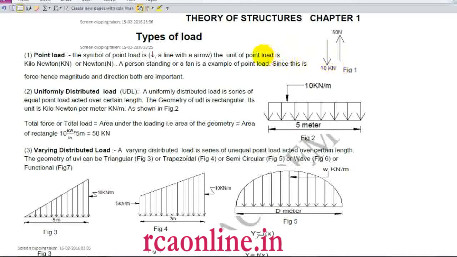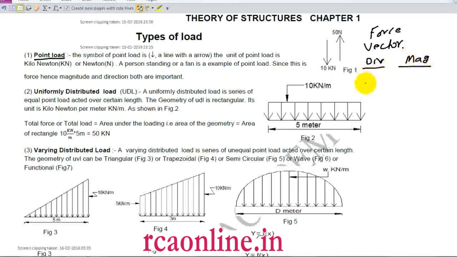The first and the most common type of the load is a point load. Before starting this, I want to emphasize one more thing, which is a force. So what is a force? Force is a vector quantity. So when I say vector, it means it has some direction and some magnitude.